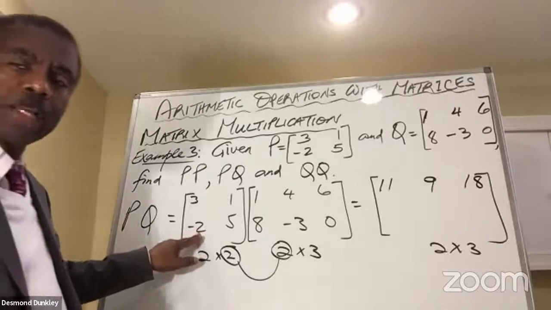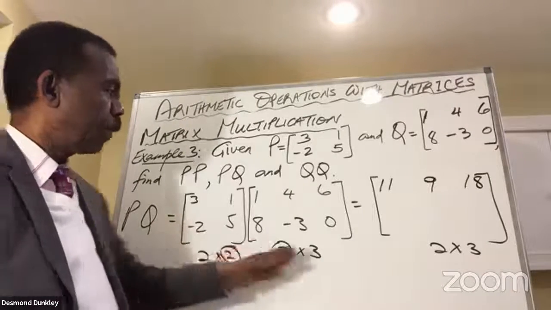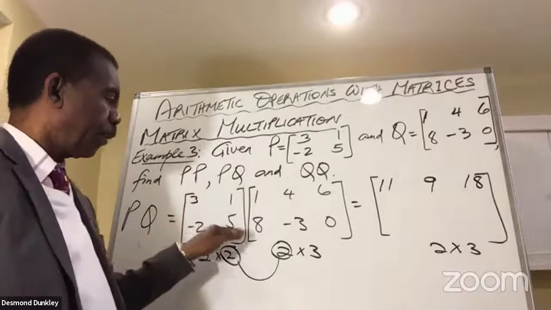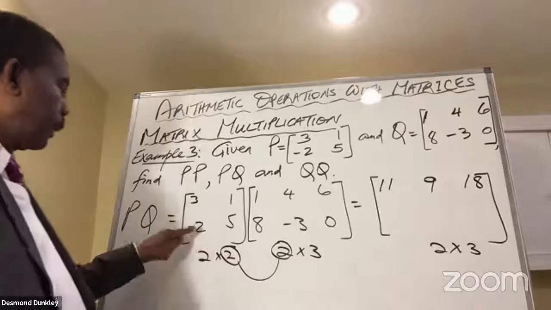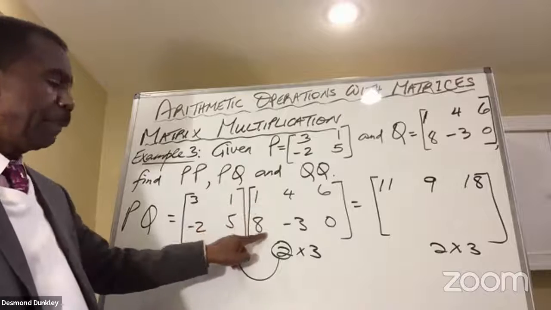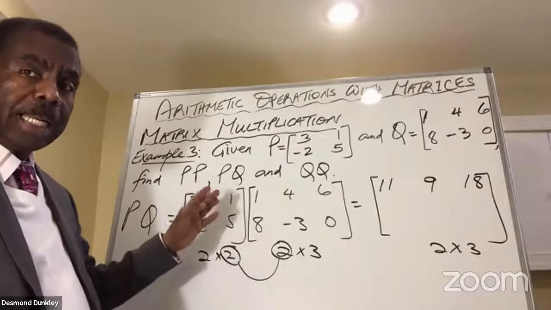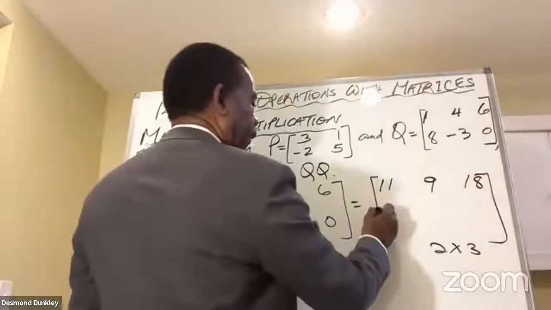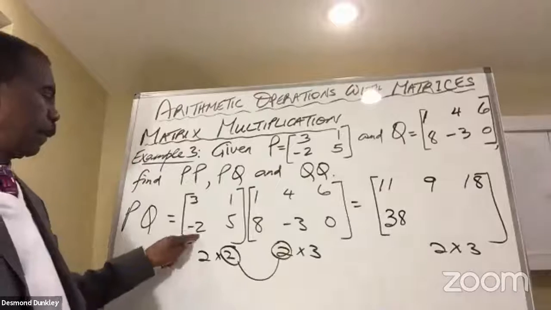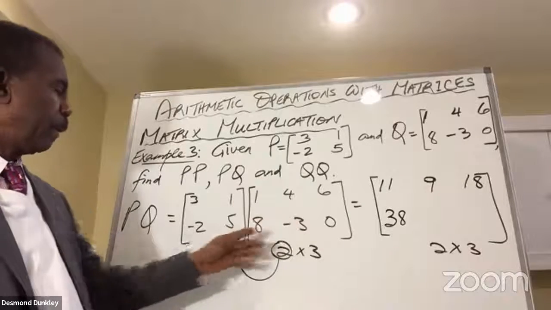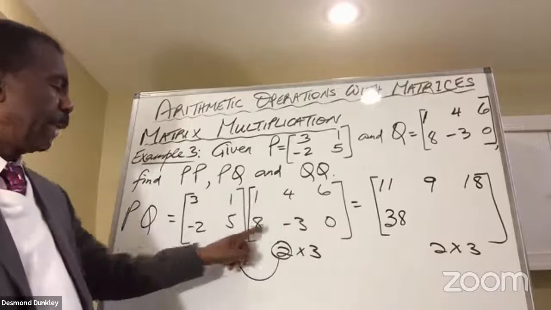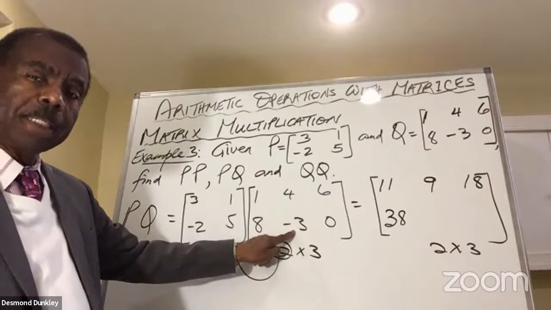Now we are into the second row. So it's going to be the second row, first column. Second row, second column. Second row, third column. Let's go. Negative 2 times 1, negative 2. 5 times 8, 40. Negative 2 plus 40, 38. Second row, second column. Negative 2 times 4, negative 8. 5 times negative 3, negative 15.